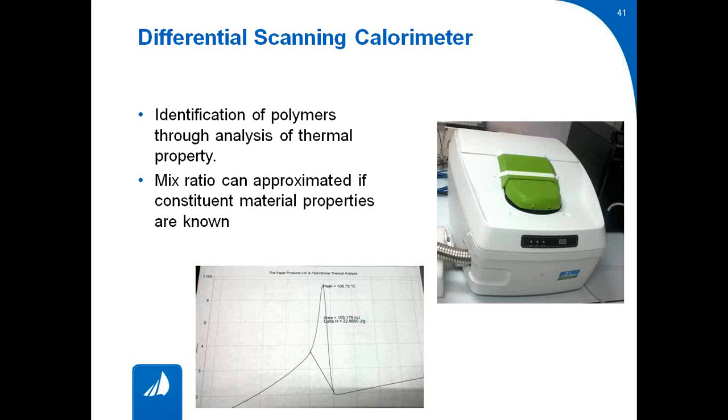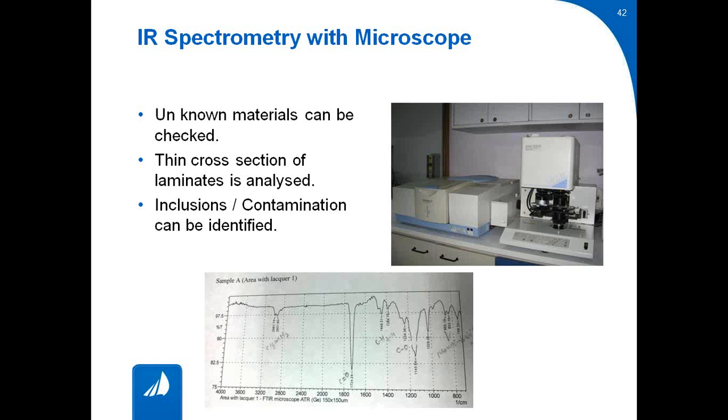And if there are multiple materials, I've just shown one plot, there may be multiple peaks. If you know the properties of this material, from the peak temperature and the heat absorption, the joules per gram or something, we can make an assessment of what percentage these materials are present, and we can compare whether it is conforming to the way we designed it or not.